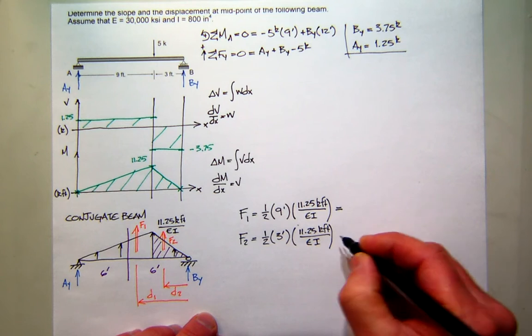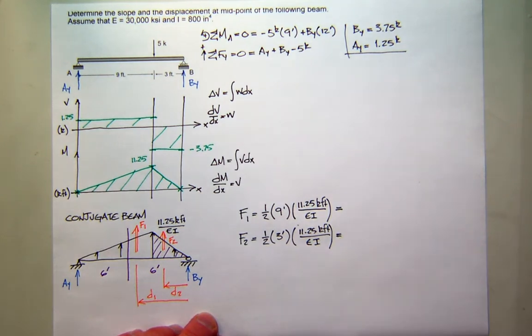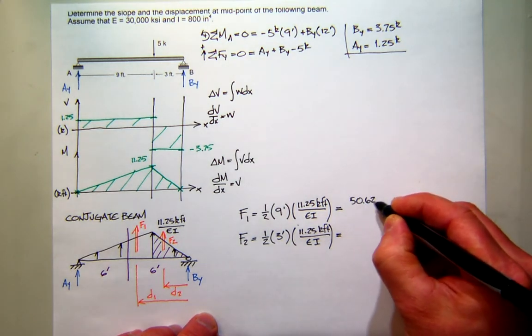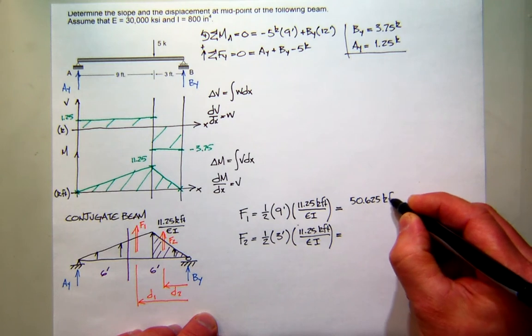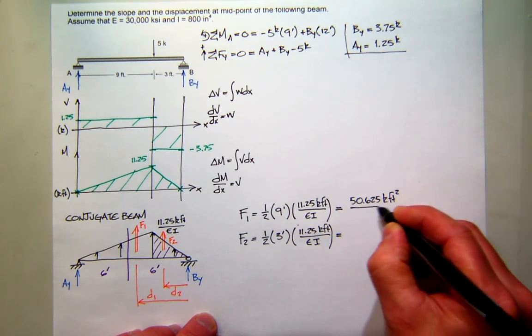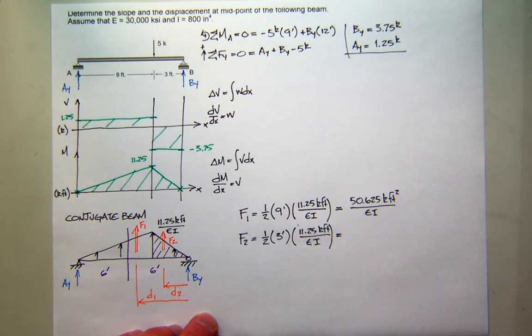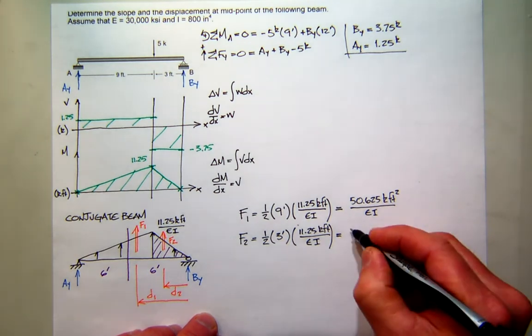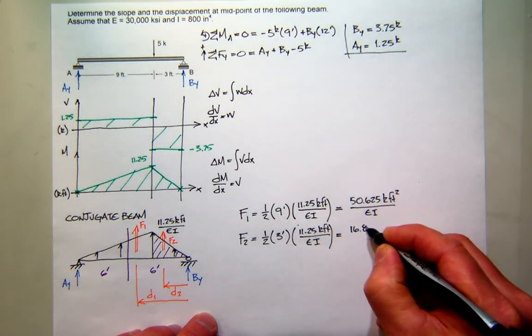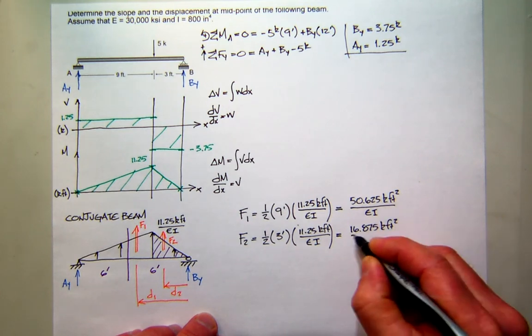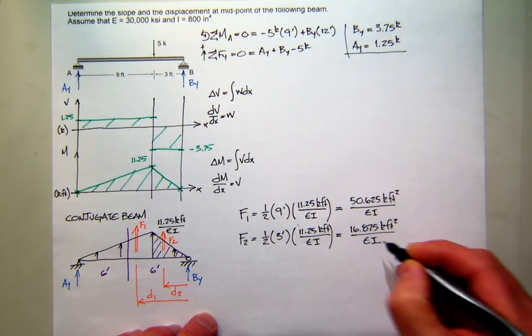So what is F1? Anybody get that? 50.625? 50.625, and that's kip feet squared over EI. And this one's going to be a third of that: 16.875 kip feet squared over EI.